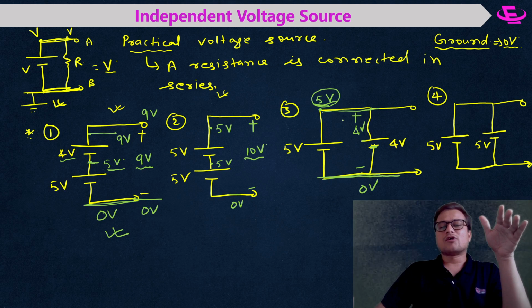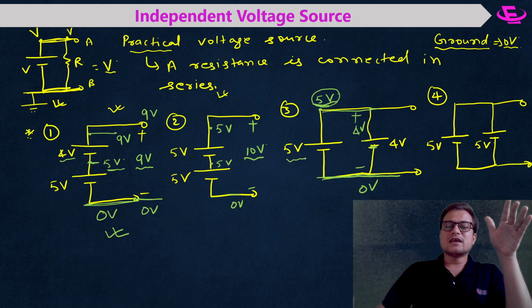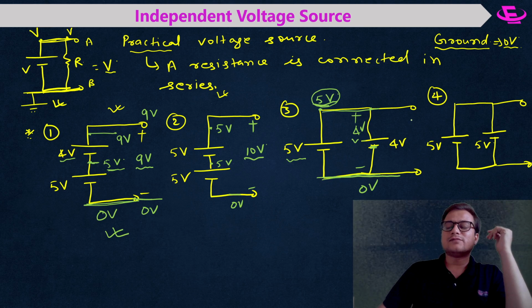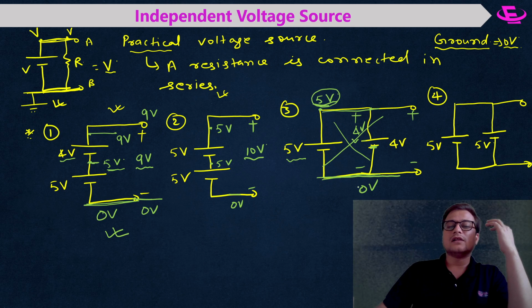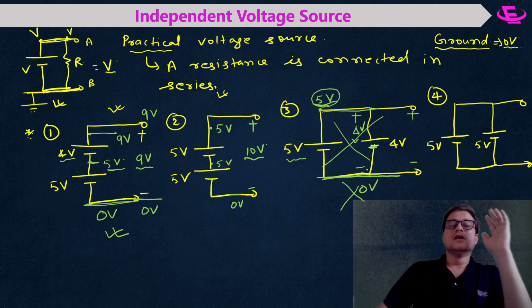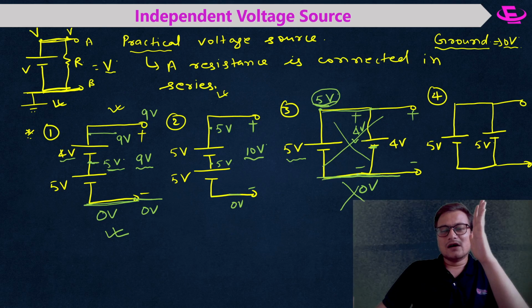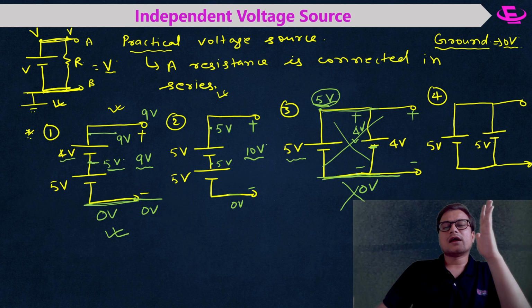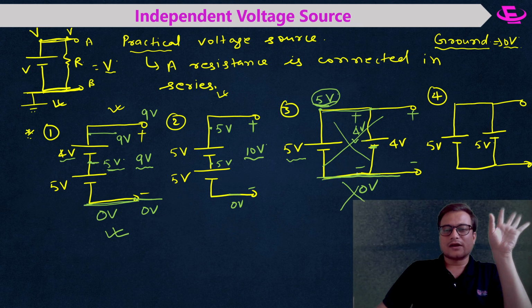One is saying I am 5 volt, the other 4 volt. You won't be able to decide, and in fact this type of combination is not possible. This is a very wrong combination. Two different ideal batteries cannot be connected in parallel.